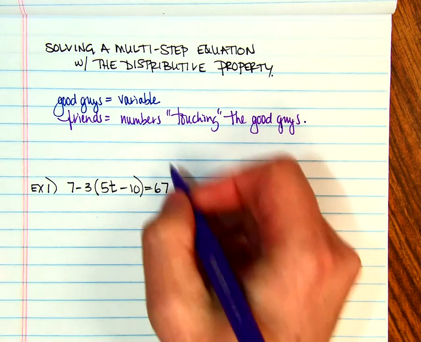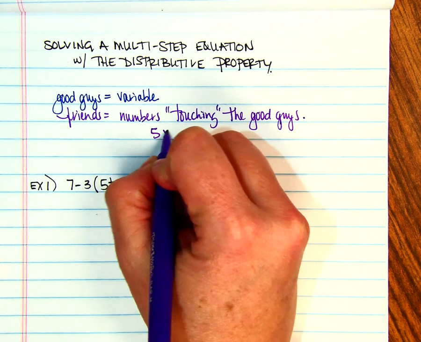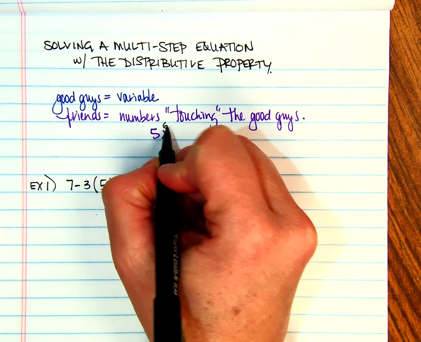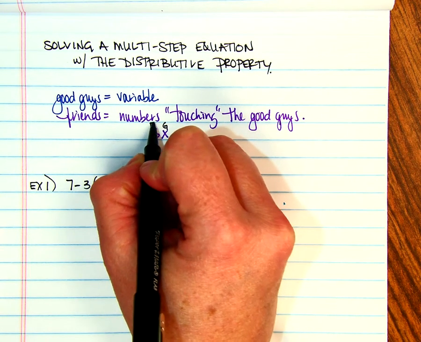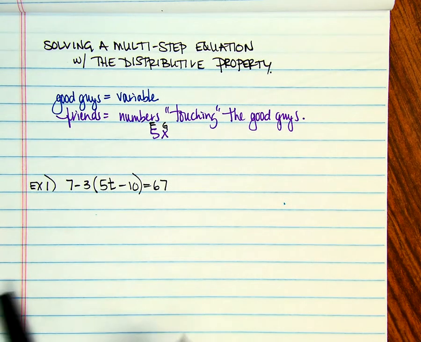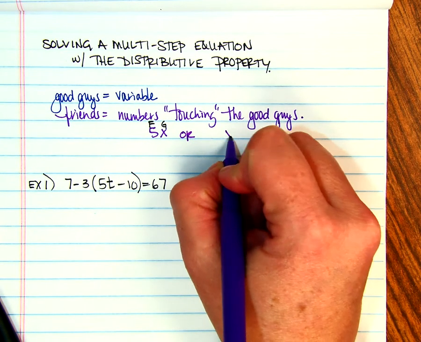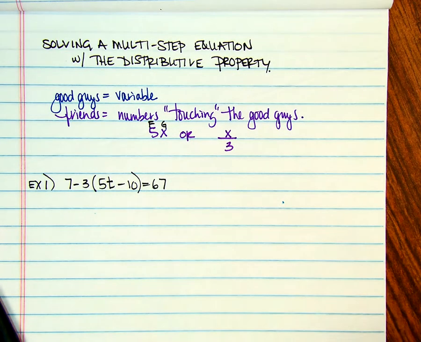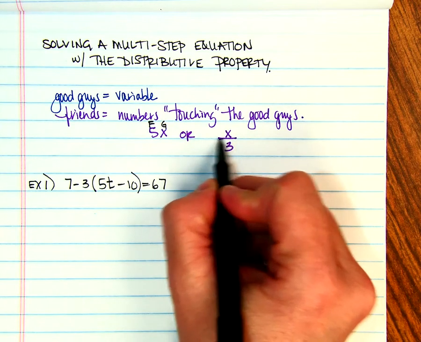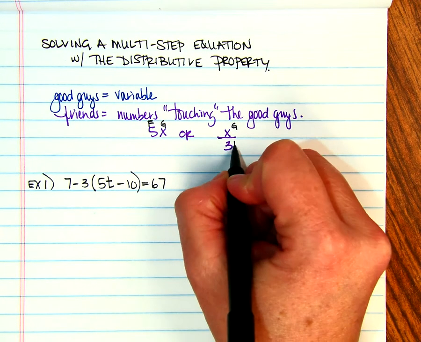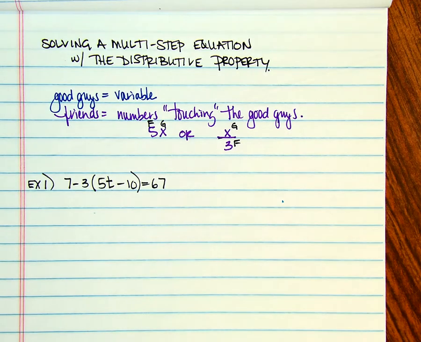So that could look like 5x. The x in this case is always the good guy, and then the 5 would be the friend. Or it could be something like x over 3, because it is touching with this little bar. So this x would be the good guy, and the 3 in this case would be the friend.